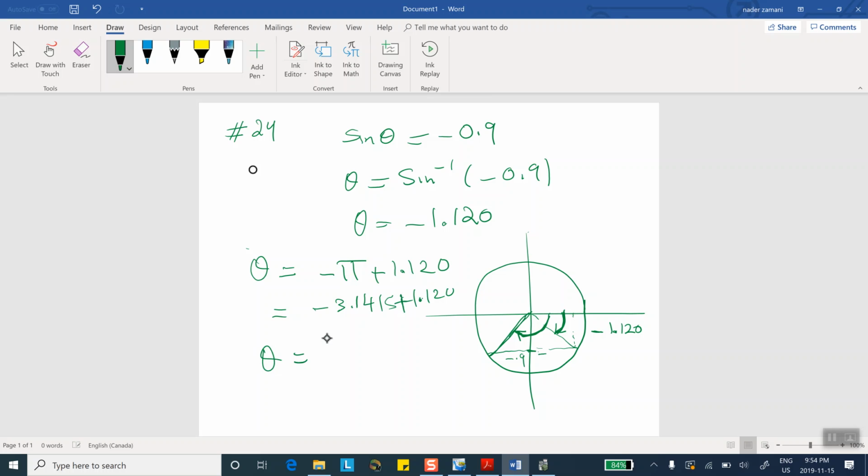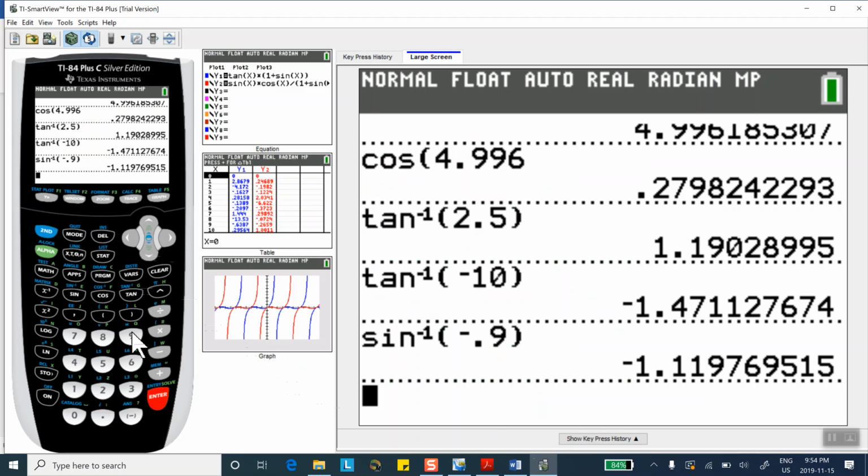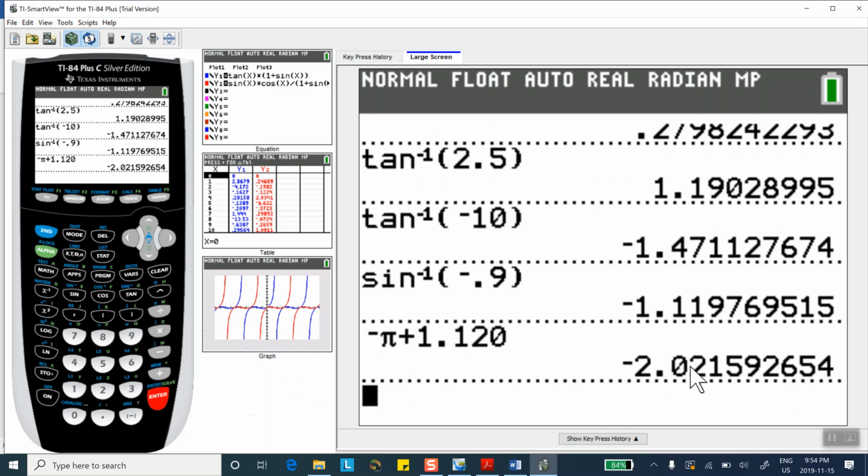So theta is equal to, let me do this with my calculator, negative pi, second function pi, plus 1.120. And this is minus 2.021.